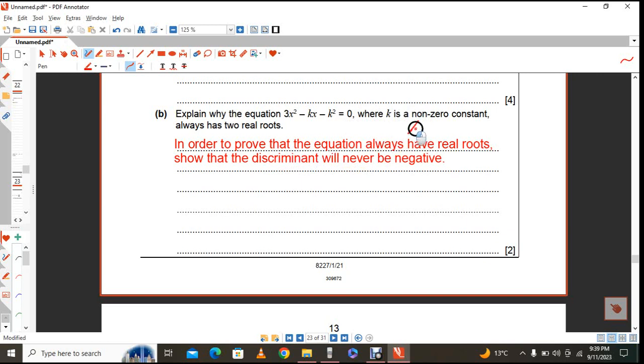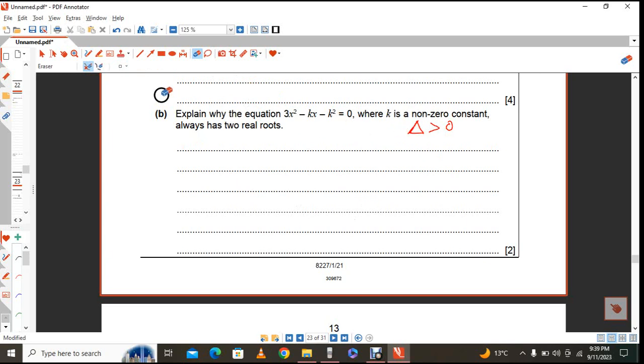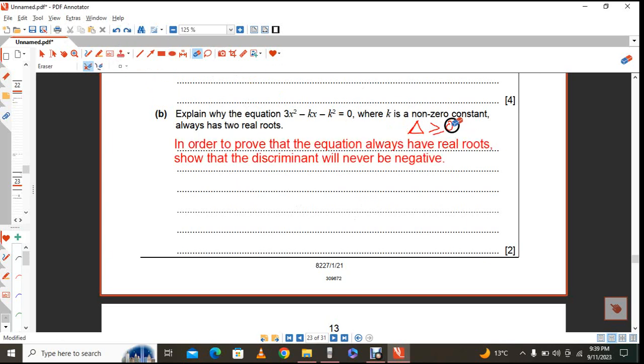So that means that the discriminant, whatever it will be, is greater than or equal to 0. Okay, that is the general setup over there. Of course, I will take away the or equal to 0. Let's just bring that back over there. So let's just say it will be greater than 0 because they are saying it has got two real roots.